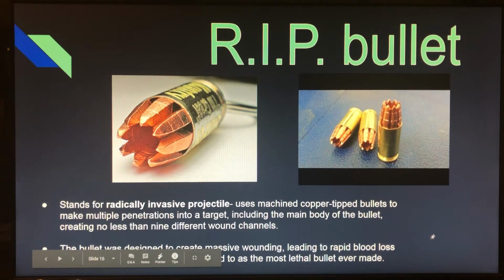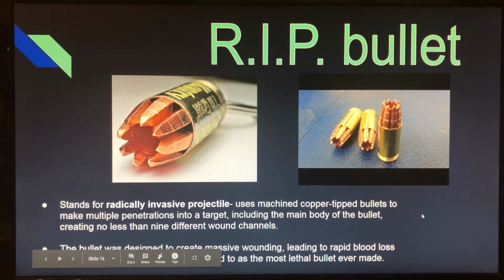Another type of bullet that is very good at expending all of its kinetic energy inside a target is the RIP bullet. So an RIP bullet stands for radically invasive projectile. It uses machine coppered tip bullets to make multiple penetrations into a target, including the main body of the bullet.